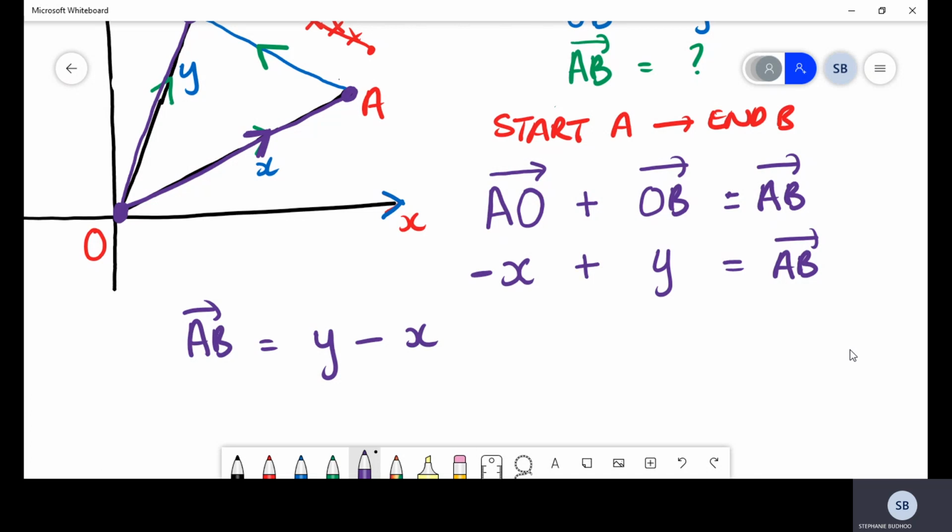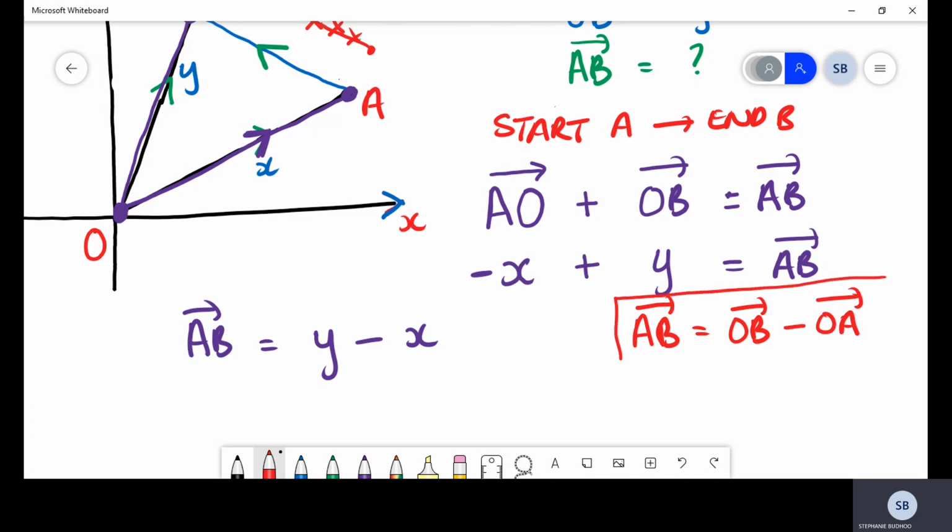Now, this is where a very important rule comes to life. There's a rule that says if you're moving from a vector A and you want to get to a vector B, the rule says this breaks up into two vectors, OB subtract OA. Now, I'm going to show you guys how we are going to use our solution to generate that rule.